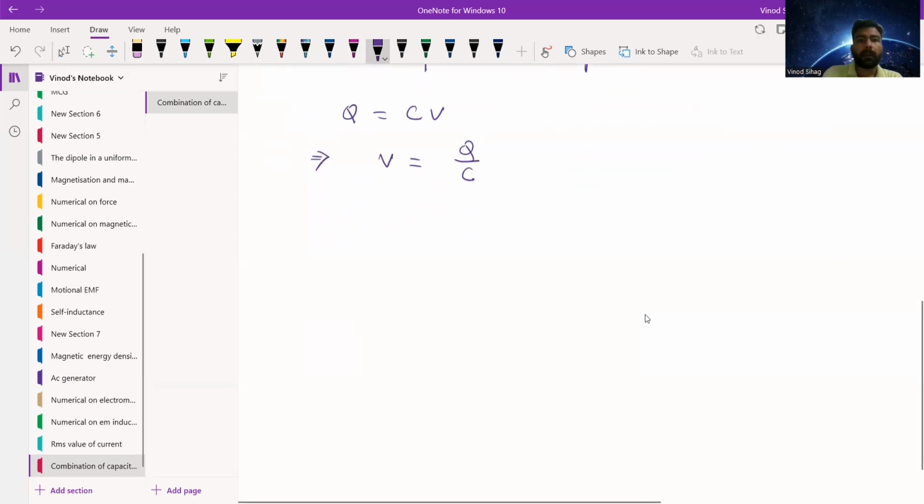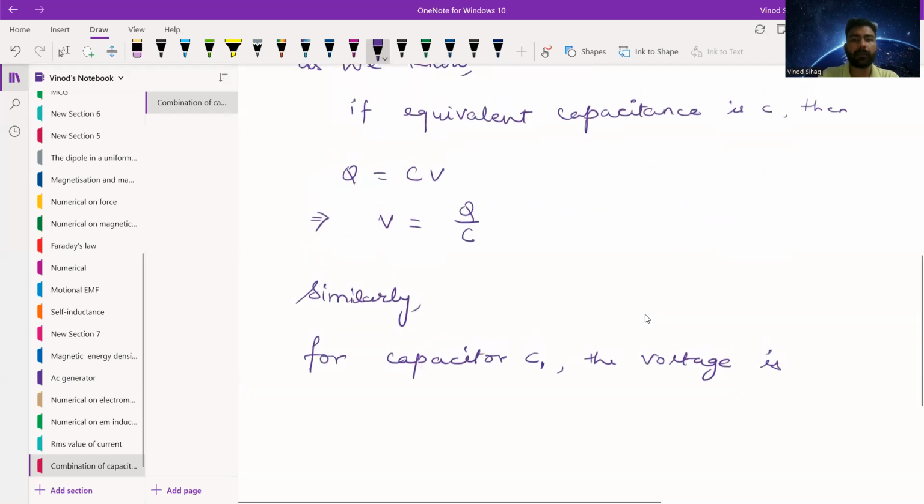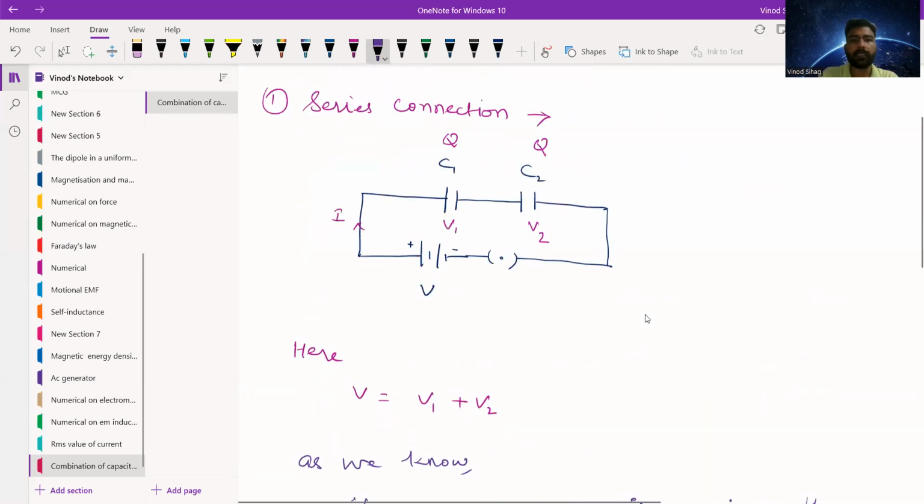Finally, now we can say similarly for capacitor C1, what will be the voltage across the capacitor C1? It is V1.